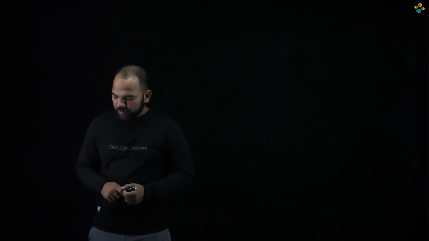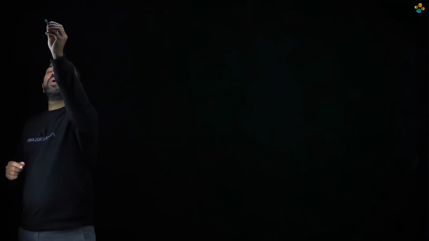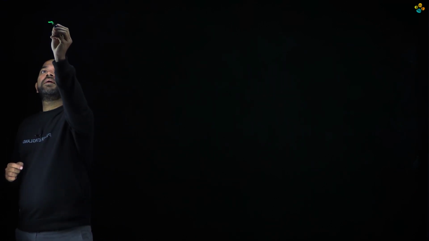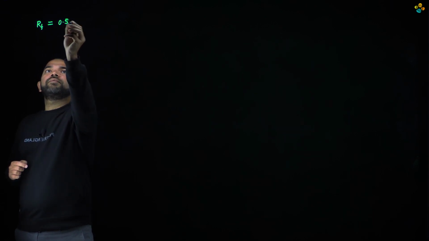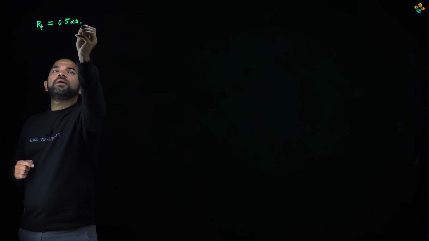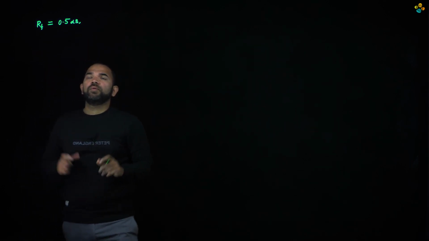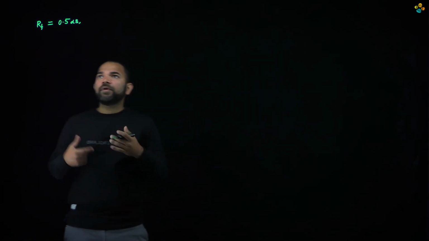Okay, so I'm reading the problem for you. The problem statement says we have to design a band pass filter having a 0.5 dB equal ripple response. By this statement we can say the ripple factor is 0.5 dB, and somehow we are aware of the type of the filter.